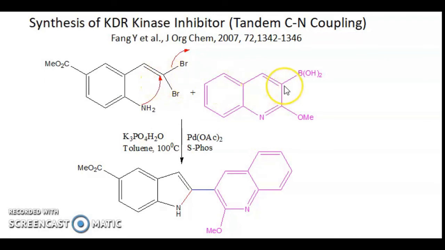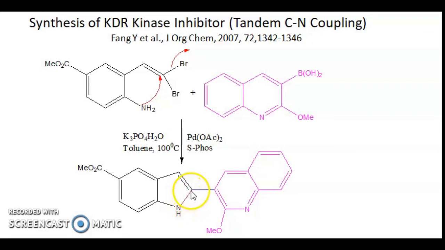This then couples with the boronic acid, organoborane. The carbon to which the boron moiety is attached couples with the carbon to which the halogen is attached. So we get this five-membered ring initially. That's tandem CN coupling.